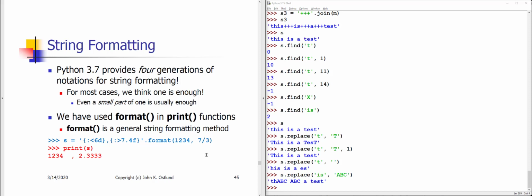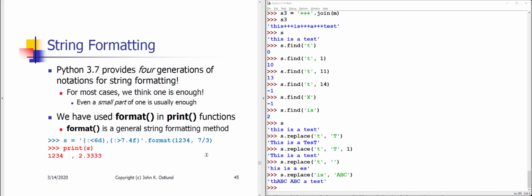Okay, so we can modify the capitalization of strings. We can modify the justification of strings. We can search for things in strings. We can replace things in strings. We can count occurrences of substrings in other strings.